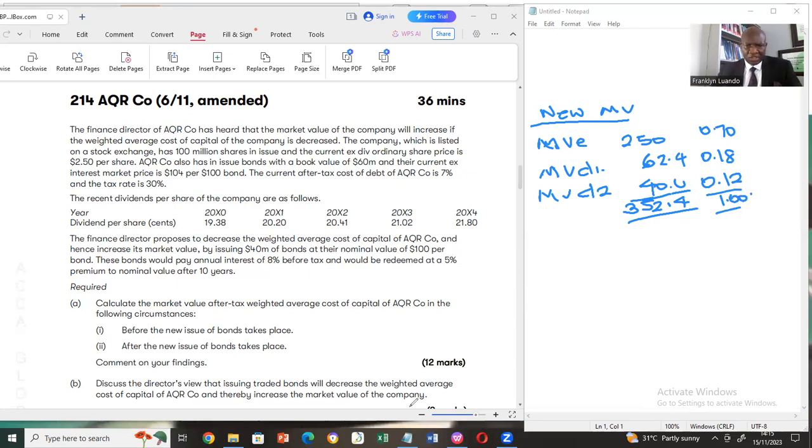So now this new debt will be redeemable in 10 years. The cost of debt that is redeemable is the internal rate of return, which we should be able to determine. First, we need to know the cash flows. The cash flows here will be 8% multiplied by 100, less the tax component.